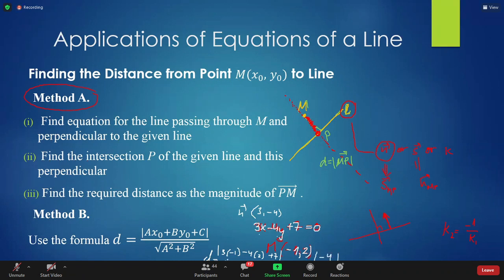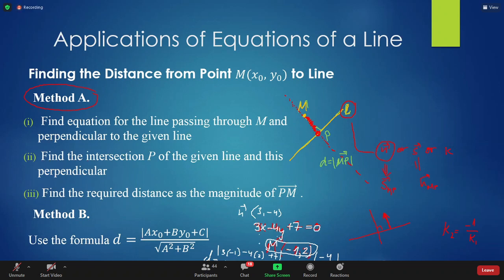And here we have 5. So 0.8 units is the distance of point M, in my invented example, to the line 3x minus 4y plus 7. The distance is 0.8 units.